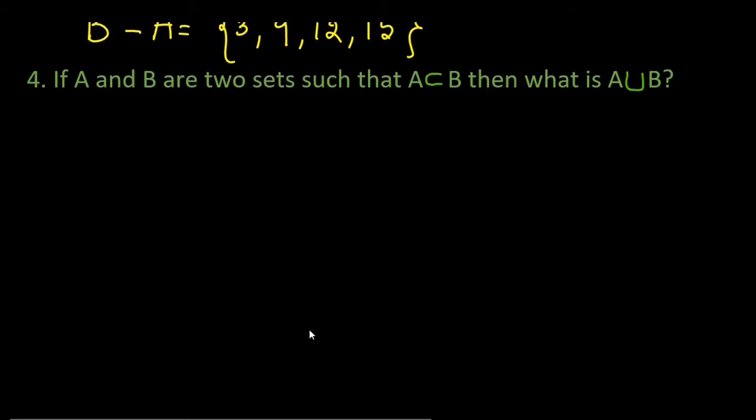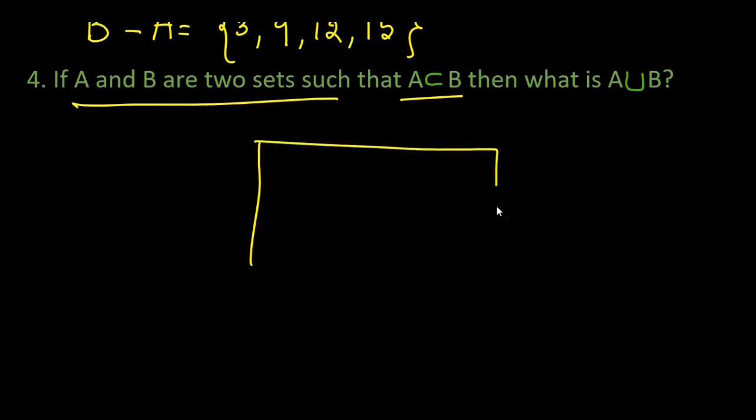Now the fourth one. If A and B are two sets such that A is a proper subset of B, then what is A union B? Let us take a Venn diagram. This is universal set mu.